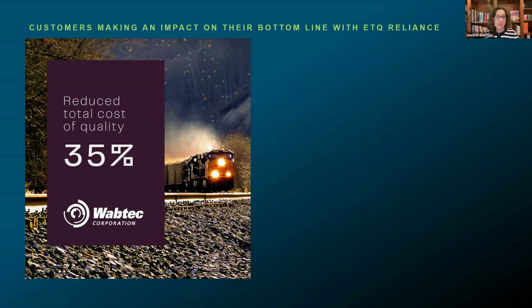They also were able to cut the cost of poor quality by 15%, including slashing their tooling costs in half. And over the last decade, they've seen an extra 10 to 20 million in productivity gains. So it's a really good example of how investing in quality early on really pays off over time.